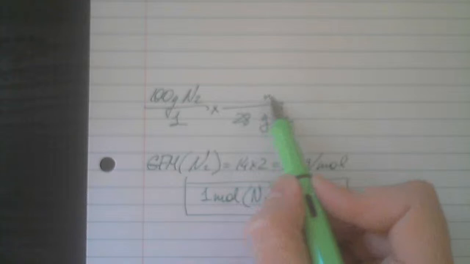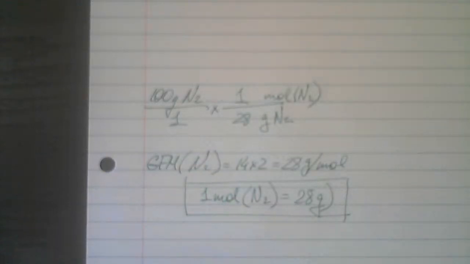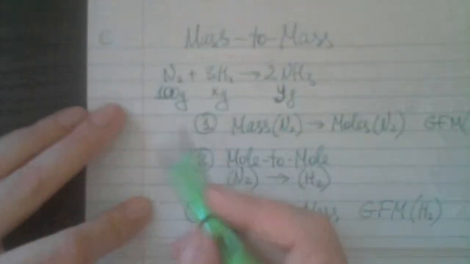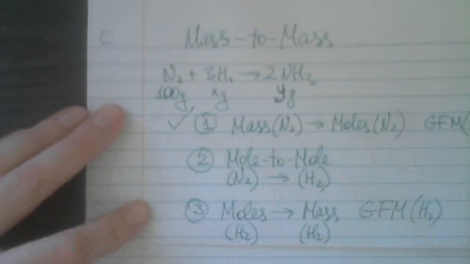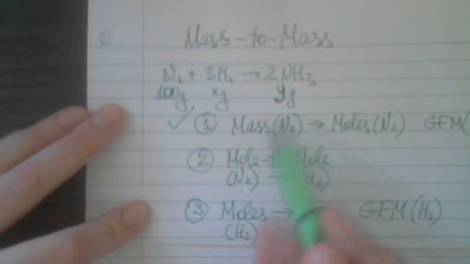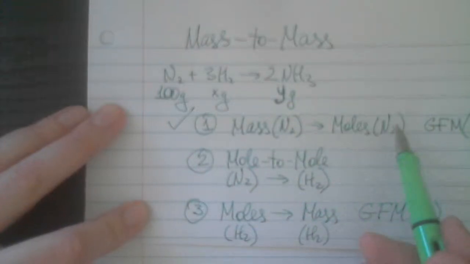And moles of nitrogen go to be my top unit, 1 mole. Okay, so our step number 1 achieved, checkpoint. We're converting mass of nitrogen into moles of nitrogen.